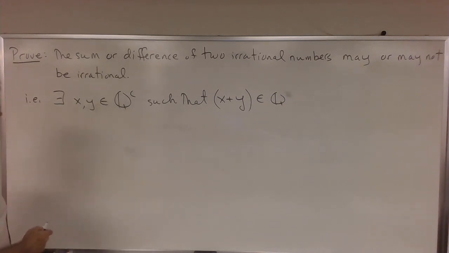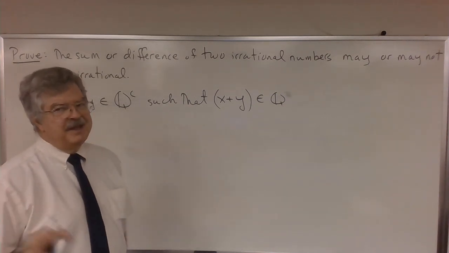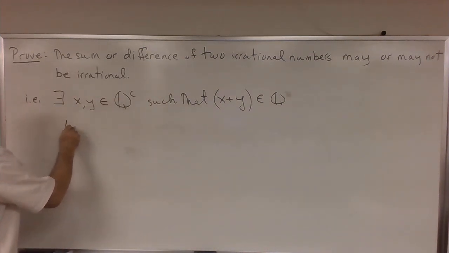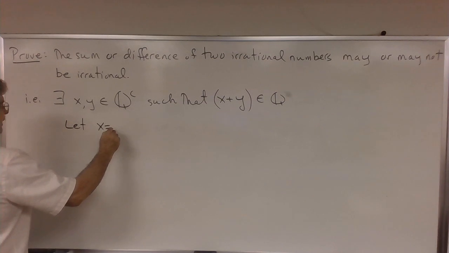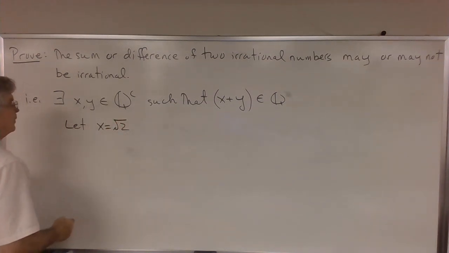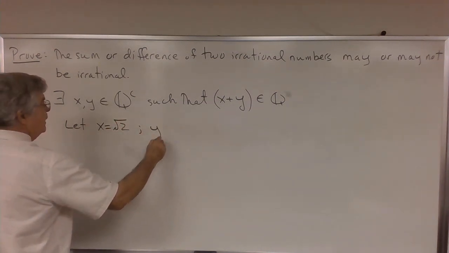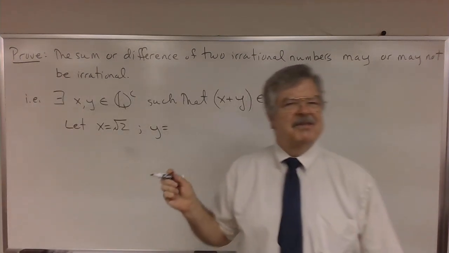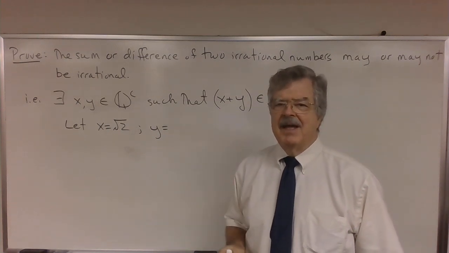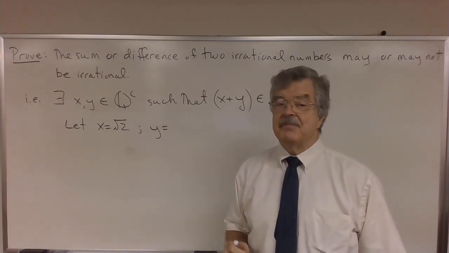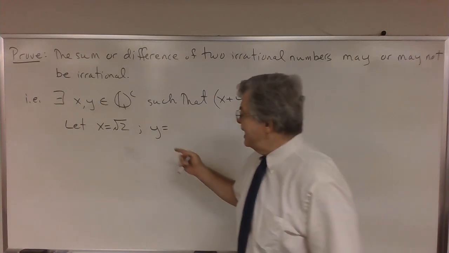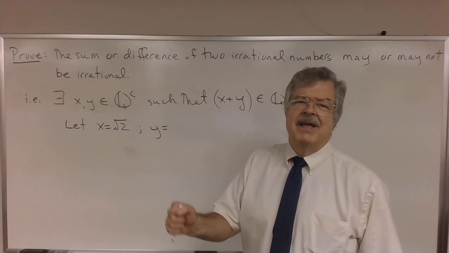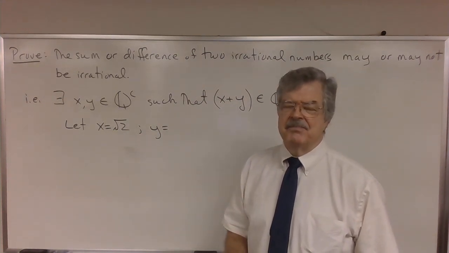Okay. Well, I'm going to pick the easiest case that I can. Let x be the square root of 2, and let y equal... How do I make this as easy as I can? x is the square root of 2, and I want an irrational number y that I can add to x and for sure have a rational number.